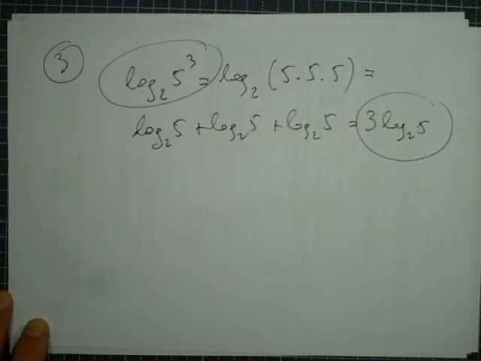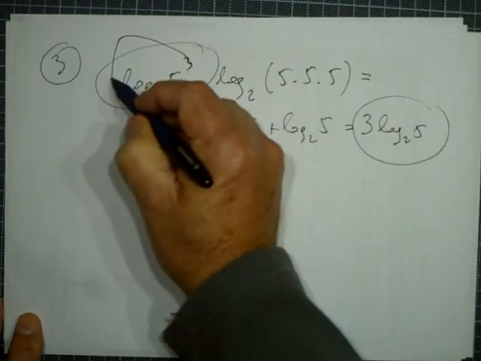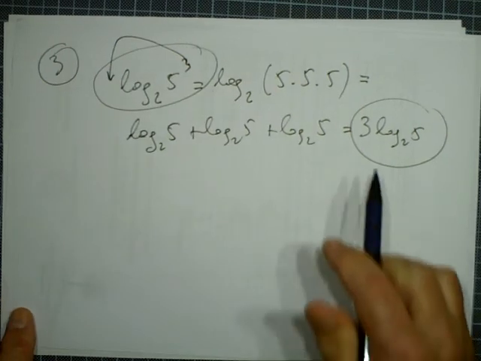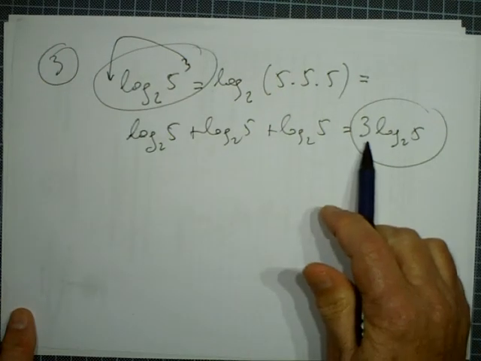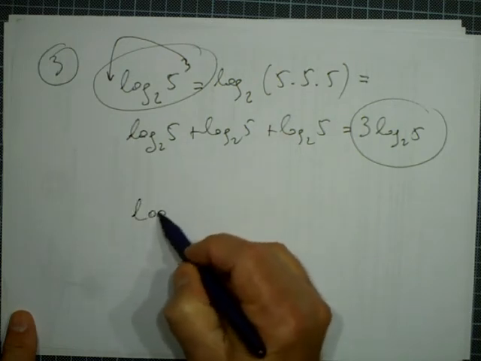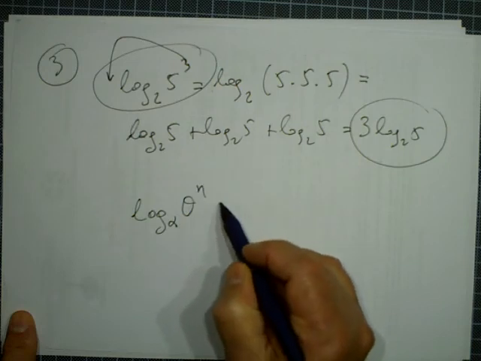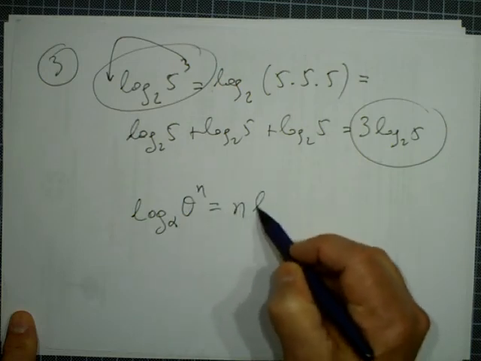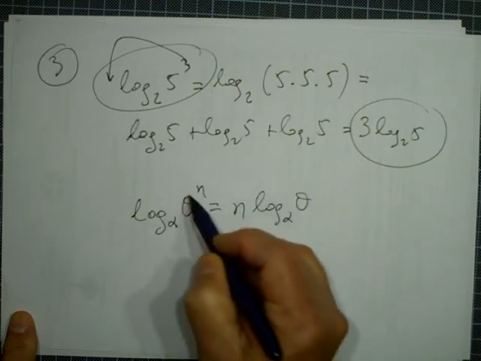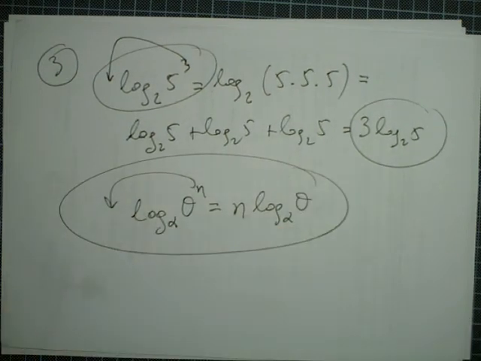What we can see here is that this number here goes before the logarithm. So the general law is this: log a of theta to the power of n becomes n times log a of theta. This goes before the logarithm.